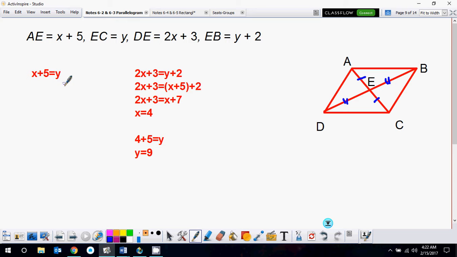Same thing, I can substitute in x plus 5 for my y. When you combine like terms, you have 2x plus 3 equals x plus 7. So when you subtract x and then subtract the 3 over, you get x equals 4. So when you plug back in x plus 5, or 4 plus 5 equals y, so y is going to be 9.